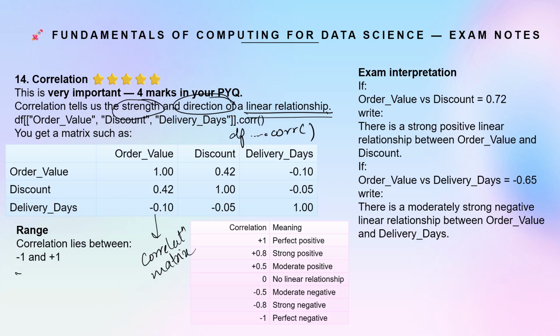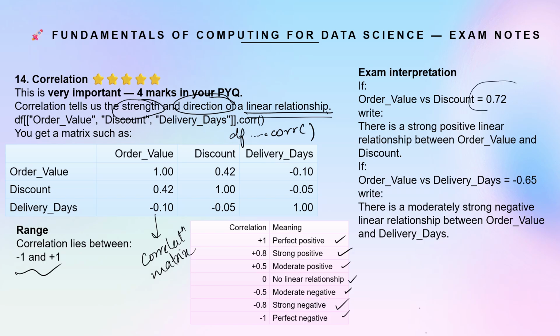Its value will always lie between -1 and +1. +1 shows perfect positive, +0.8 strong positive, +0.5 moderate, 0 means no linear relationship, -0.5 moderate, -0.8 strong, and -1 of course shows perfect negative.